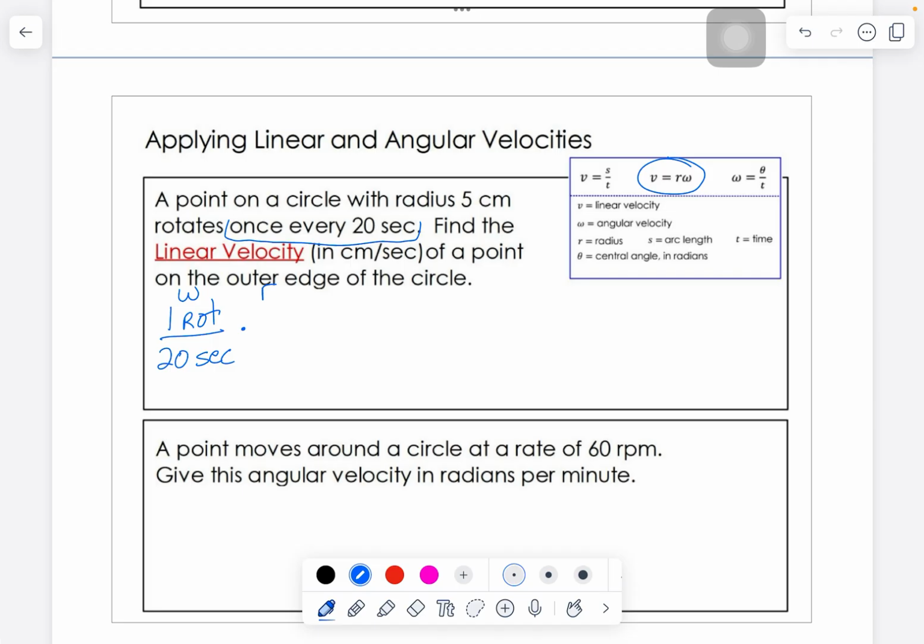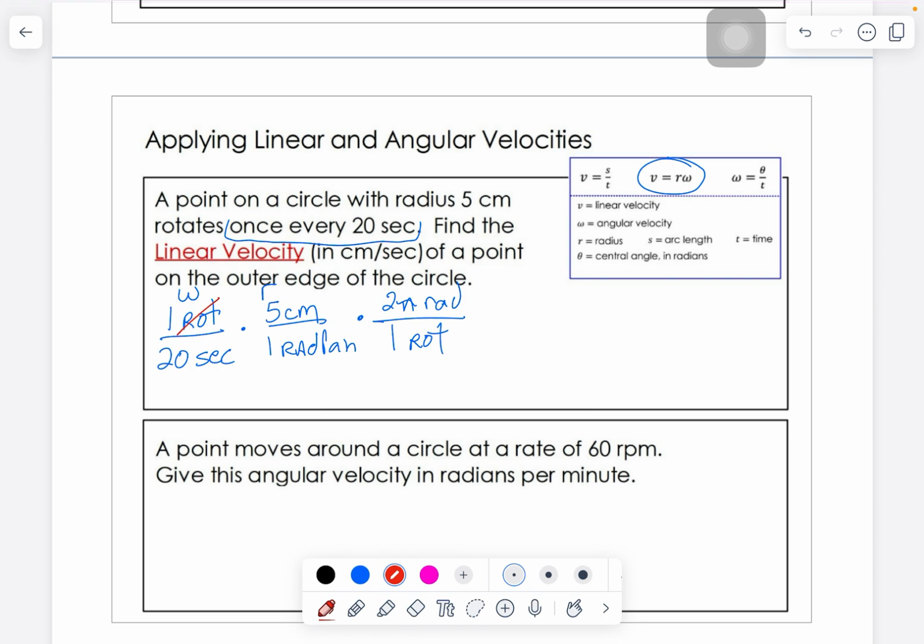Remember, my radius is 5 centimeters over 1 radian. So I need a way to get rotations and radians to cancel out. So I'm also going to state that it takes 2 pi radians for 1 rotation.